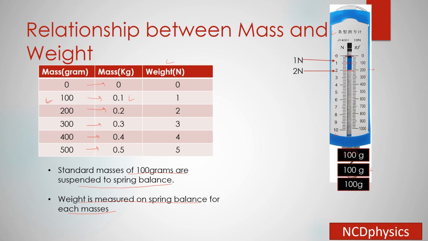Then I add 100 more. Now the total mass is 300 gram, so it is 0.3 kilogram. When we put 300 gram, the indicator will be on 3 Newton.